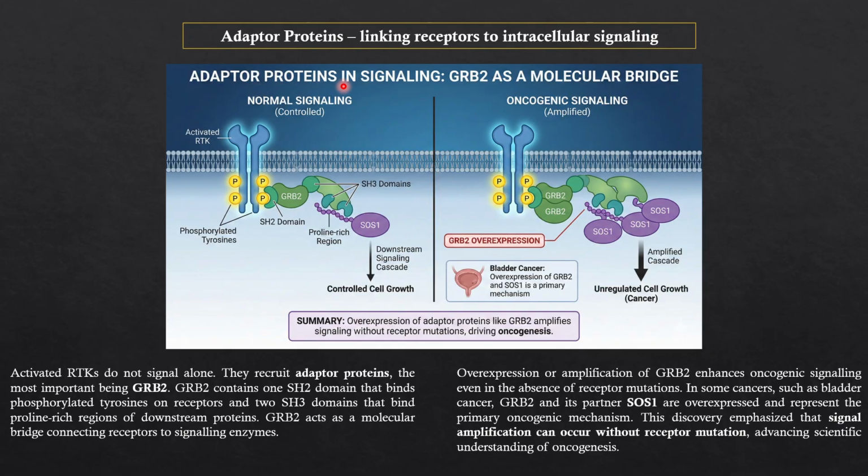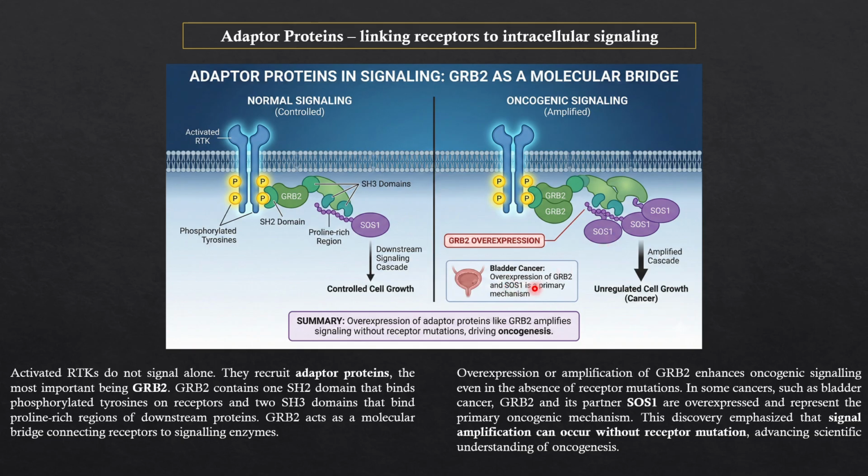Then come the adapter proteins in signaling, which have GRB2 as a molecular bridge. Oncogenic signaling is an amplified form, whereas in normal cells it's in a controlled form. So these activated RTKs have controlled signaling through proteins like GRB2, whereas in oncogenic signaling they are amplified, and there can be multiple signaling or overexpression.